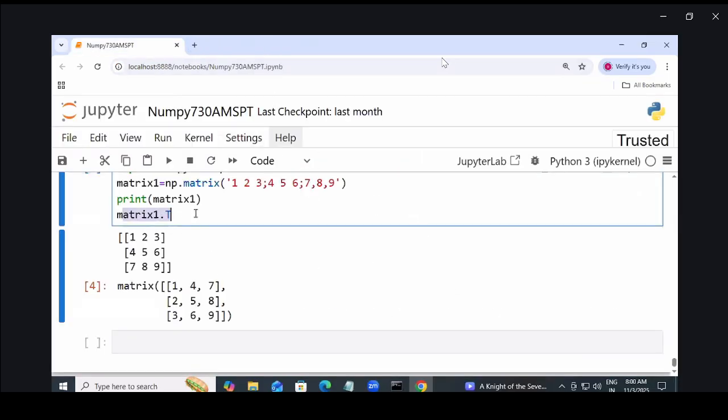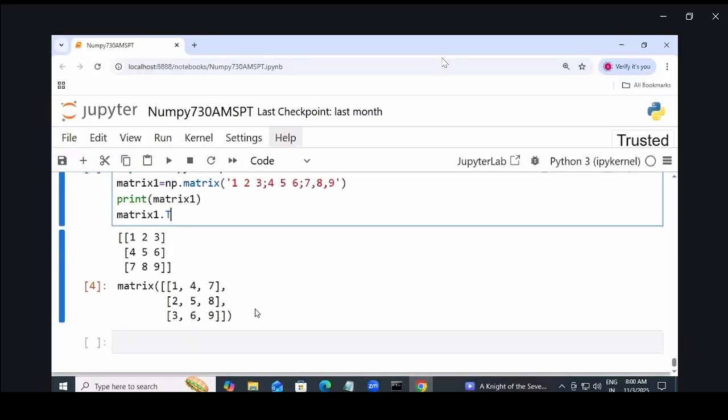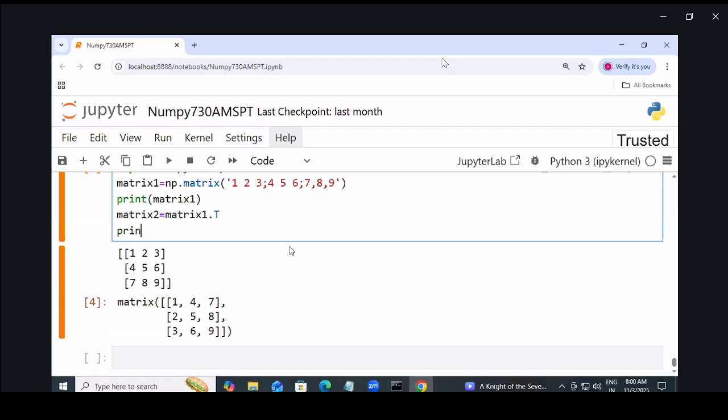T. That is matrix object name dot transpose, or you can use T. T is the name of the attribute, and this will return another matrix, which is called the transpose of matrix 1.